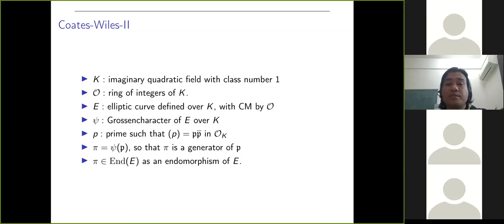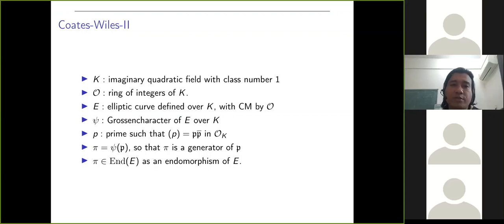My pi is going to be in the endomorphisms of E, which means that I have a map from E to E given by multiplication by pi. Once I have this multiplication by pi map from E to E, I can look at the kernel of this map. We have to remember that K has class number 1. So I'm in this setup throughout.